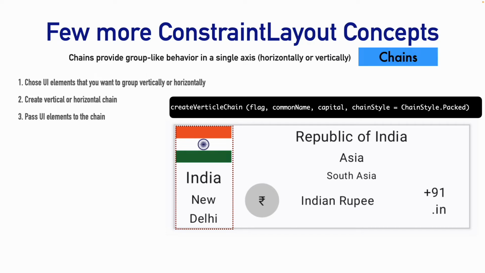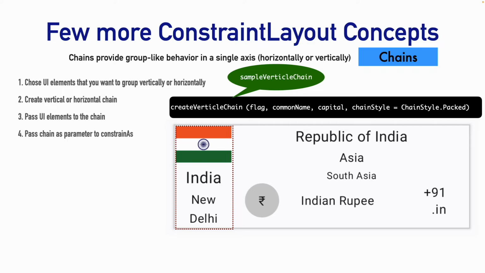And then the chain style. There are various options. We will see it in the demo. So once we create these chains, we have a reference variable, that is sample vertical chain or a sample horizontal chain, and then we can pass this as a parameter to the constrainAs function that we are already familiar with. So let's look at the demo.